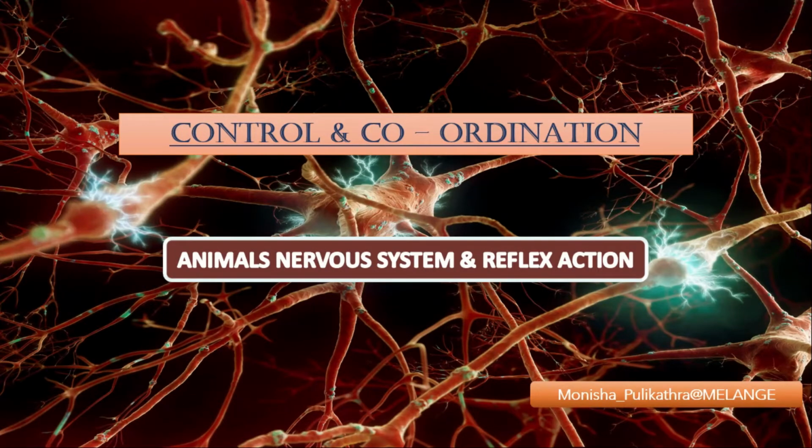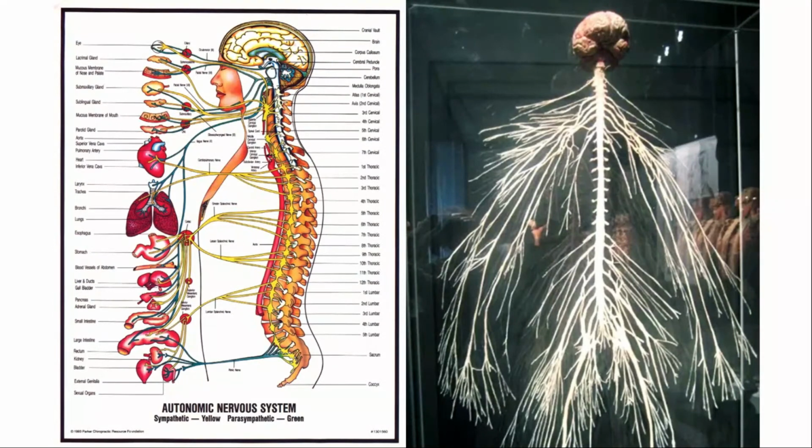For example, when a bright light is focused on our eyes or when we touch a hot object, we detect the change and respond to it with movement in order to protect ourselves. This protection is done by our nervous system and the sensory organs which are situated in all parts of our body.